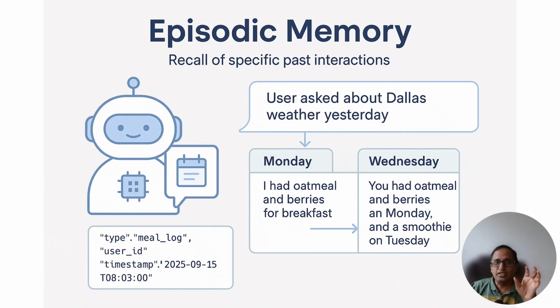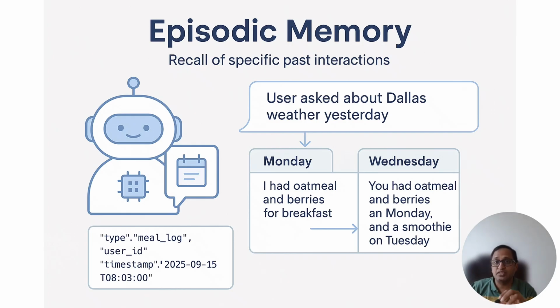So let's take for example, the demo we are going to have is a nutrition expert agent. On Monday, the user can come and say, I had oatmeal and berries for breakfast. The agent stores it as an event, not a generic fact. But on Wednesday, when the user asks, how was my breakfast pattern looking this week?